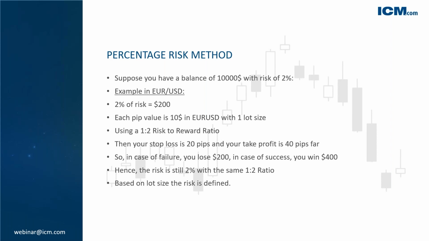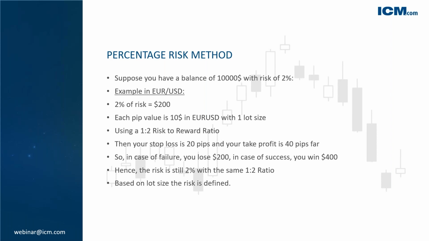What I'm trying to explain is that percentage risk money management implies a constant percentage of account balance that you risk per trade. That's the most important thing. In order to calculate each position you enter, you need to determine the risk you want to expose yourself to and the size of the trades.